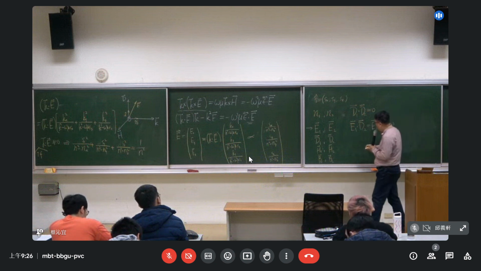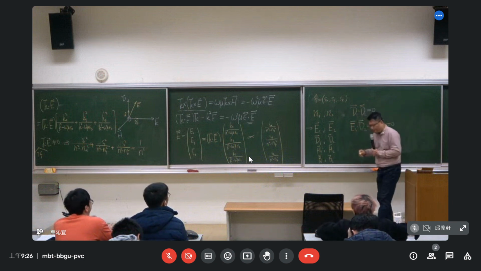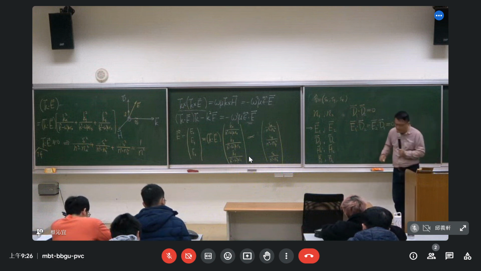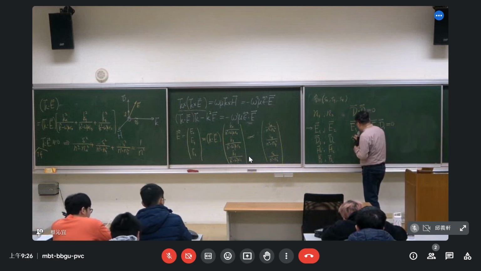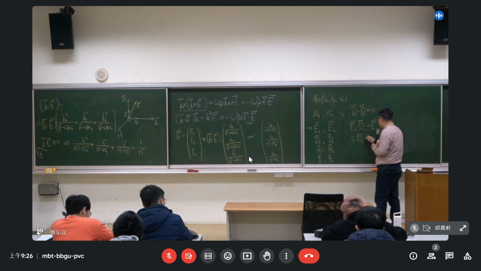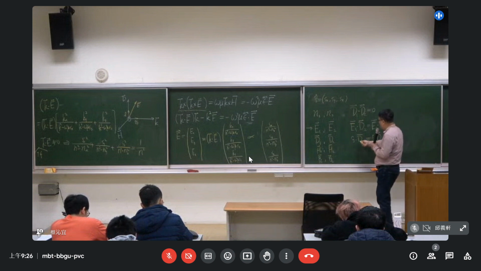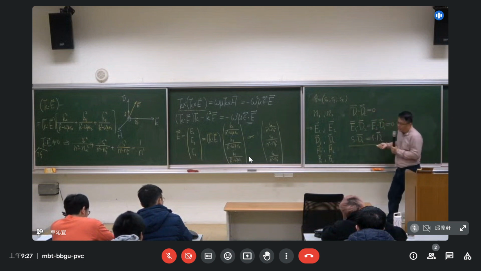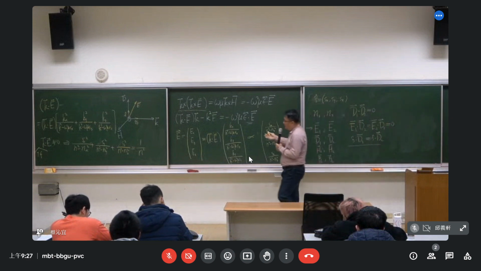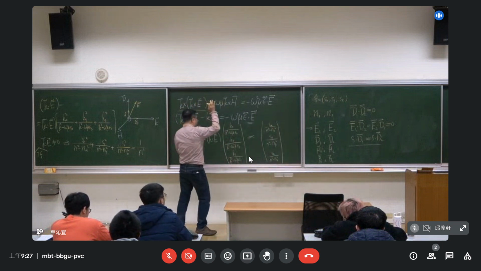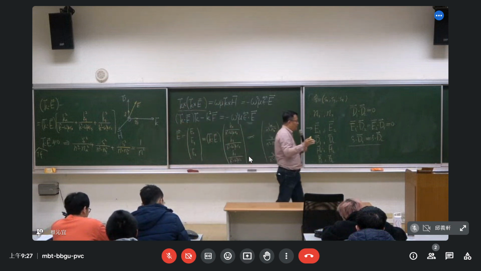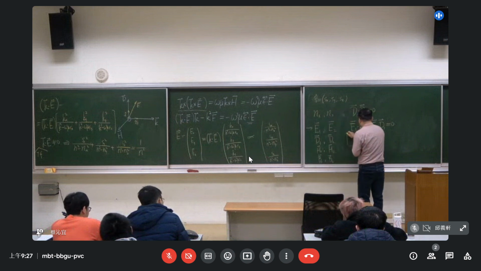Okay. And S is orthogonal to D1 and D2. Okay, this is very obvious because we already know that the D vector is perpendicular to the S vector, the K vector. So this result is trivial.